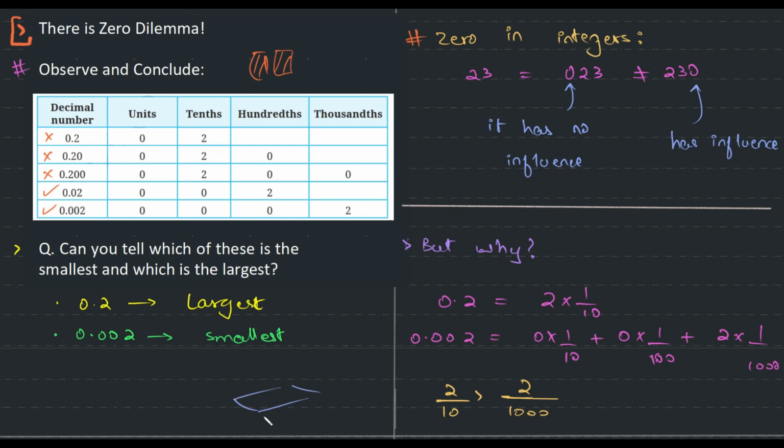If I divide it into 10 parts and give 2 pieces to you, or if I divide it into 1000 parts and give 2 pieces to you, which will be a better scenario? This is a better scenario, right? You will get more. So on the same line, 0.2 is much greater than 0.02. And that's why 0.2 is the largest and 0.02 is the smallest. Okay.